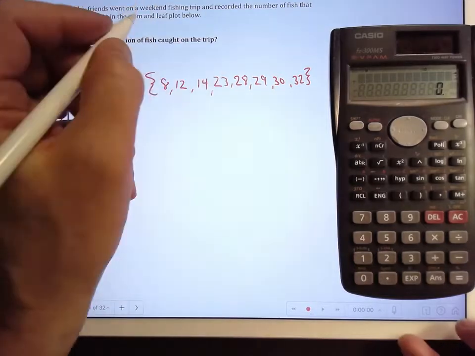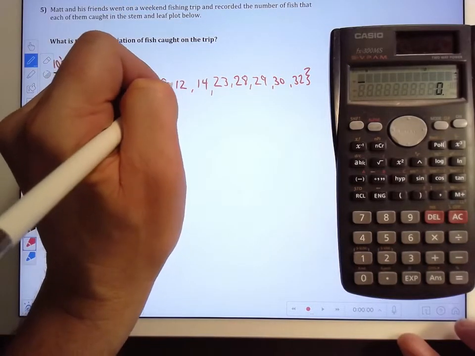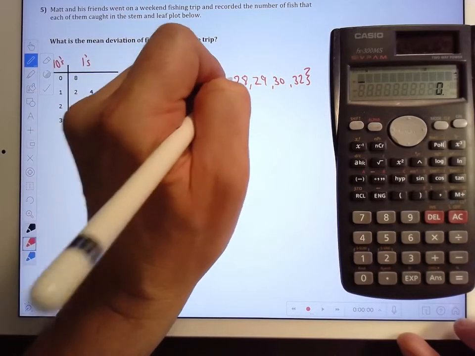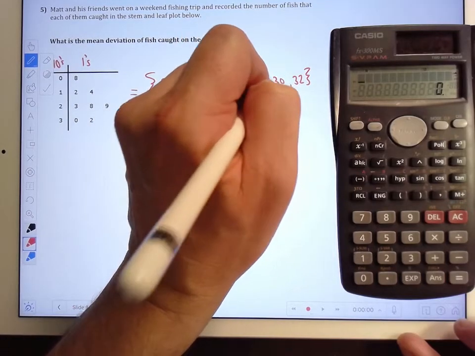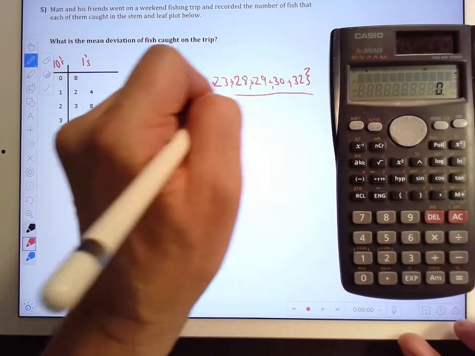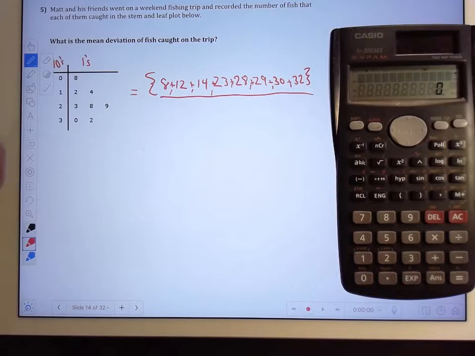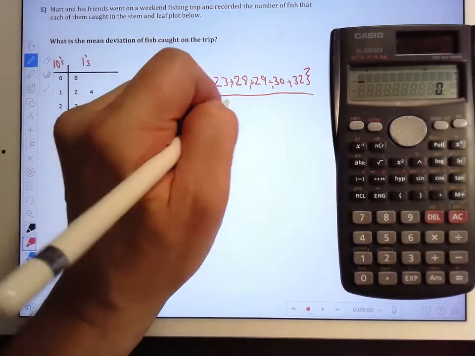The first thing we're going to do is add all those numbers together and then divide by the number of them that there are. 1, 2, 3, 4, 5, 6, 7, and 8.